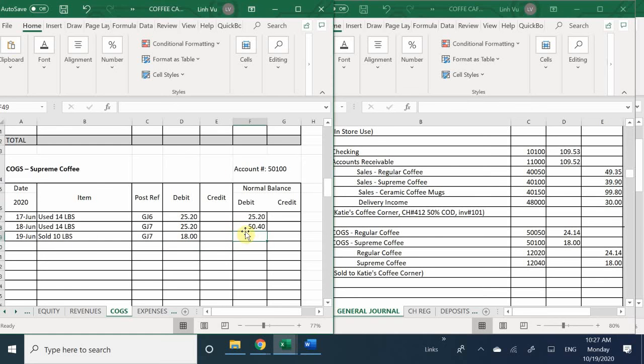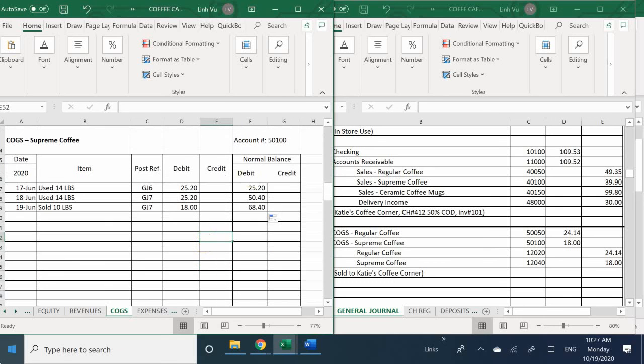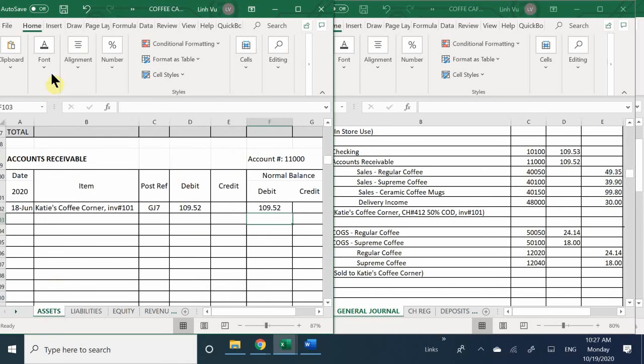Giving me a grand total of, what's my new balance? 68.40. Okay, good. 68.40. Right. And then lastly, we got to update our inventory, right? We got to credit those amounts.